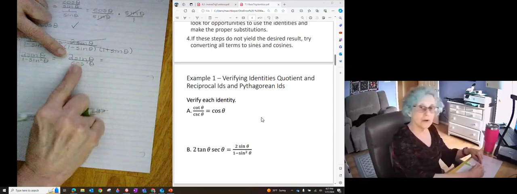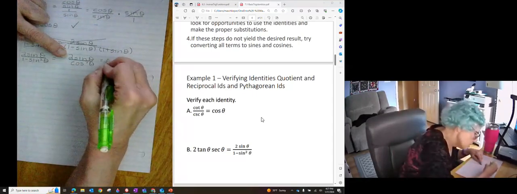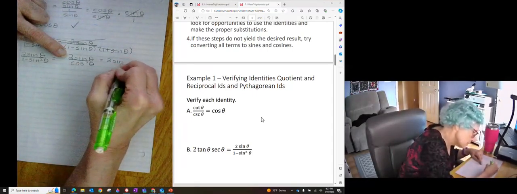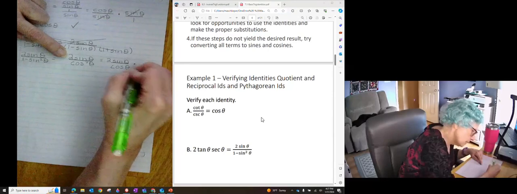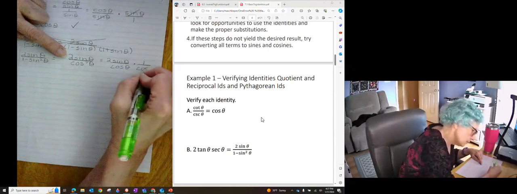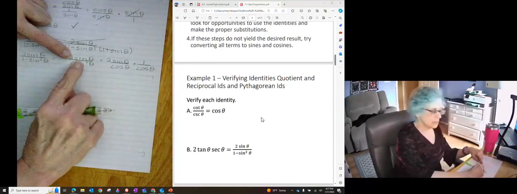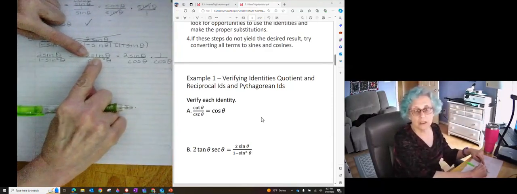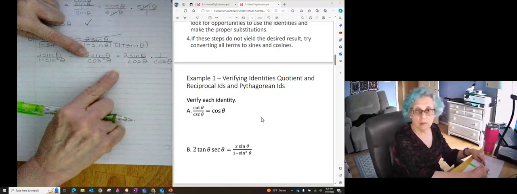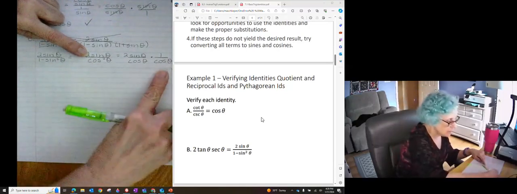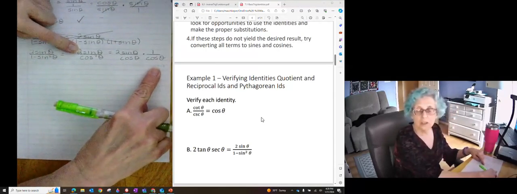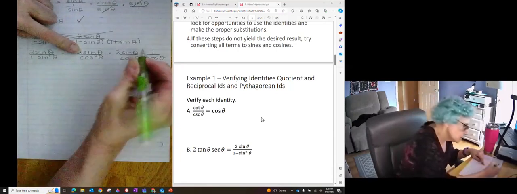Now I can divide this into 2 times sine of theta over cosine of theta times 1 over cosine of theta, because I have 1 sine sitting on top and I have cosine times cosine down below. So I can write cosine squared as cosine times cosine and then divide it into 2 pieces.